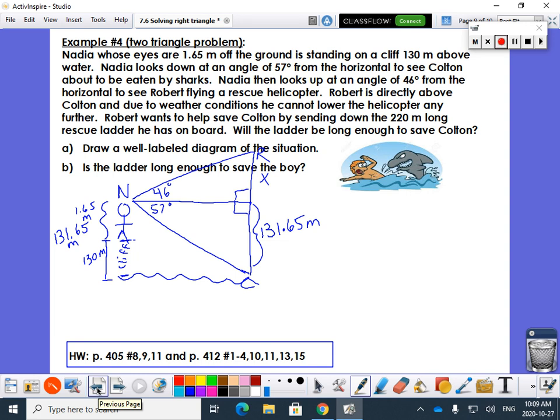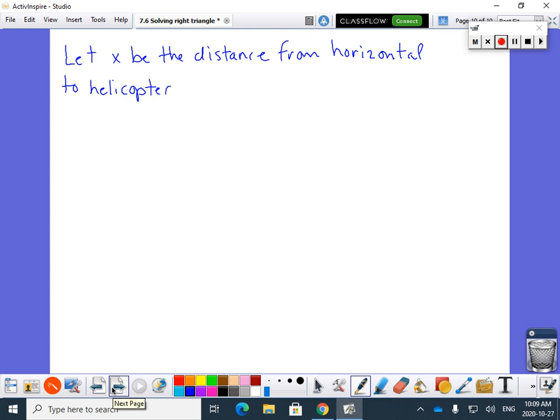We want to figure this out though, so for our let statements, I'm just going to label this y. Let y be the length of the horizontal.